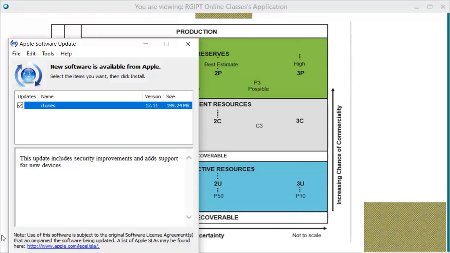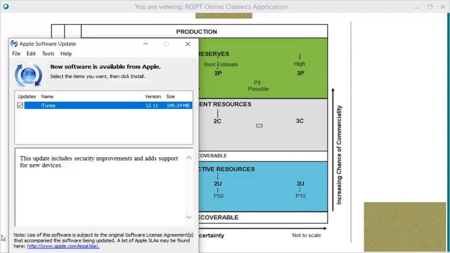Now that total petroleum can be either undiscovered or discovered. When you have undiscovered, you have either prospective resources or unrecoverable resources.